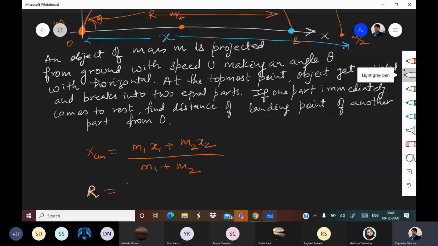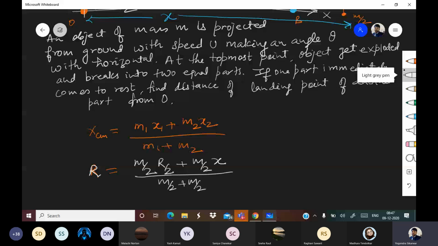R by 2, because one part immediately comes to rest, which means it will fall at a distance of R by 2, since the topmost point is R by 2 from the origin horizontally. So m by 2 times R by 2 plus m by 2 times x, where x is the distance from origin at which the second part lands, upon total mass, which is m by 2 plus m by 2, so basically m.